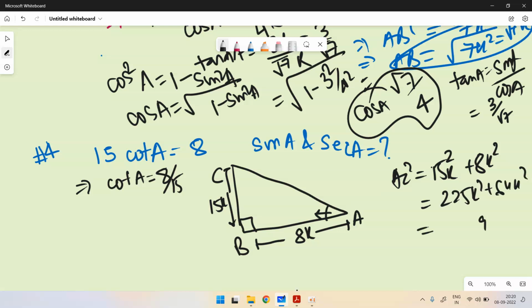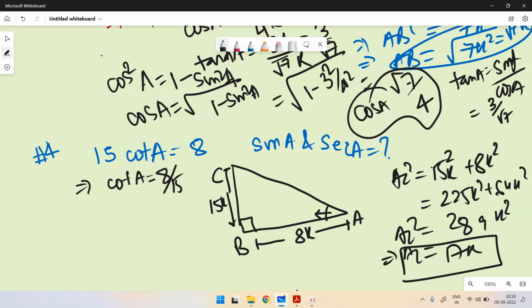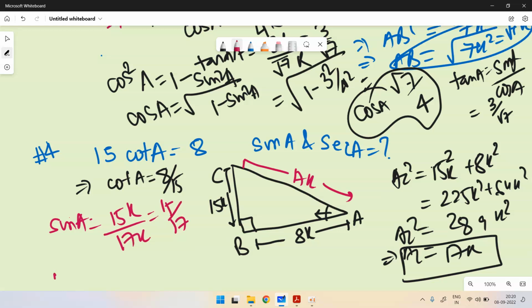This becomes 289K square, which is AC square, which implies that AC equals 17K. Sin A is perpendicular by hypotenuse, nothing but 15 by 17. And secant A is hypotenuse by base, which is 17K by 8K, nothing but 17 by 8.